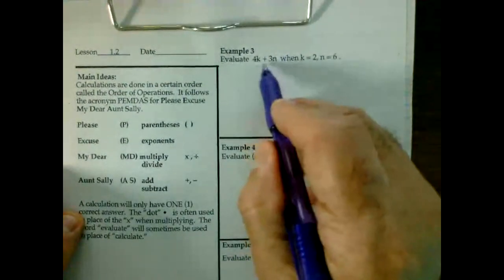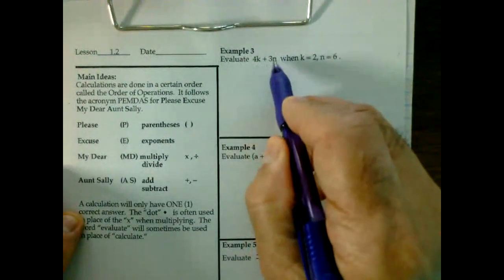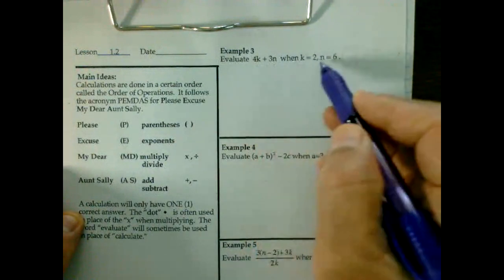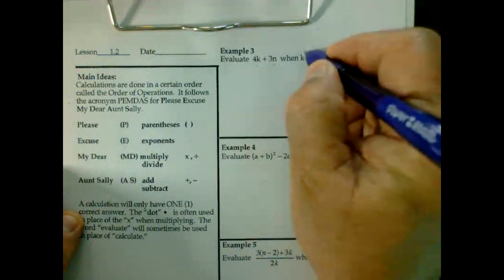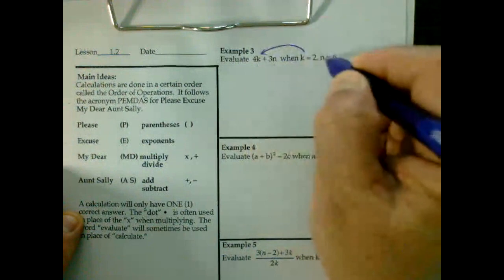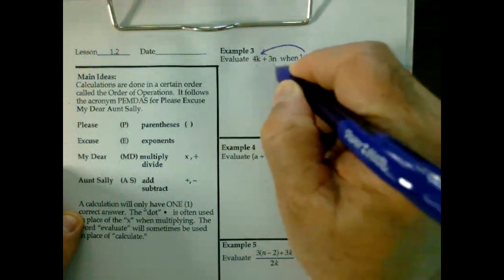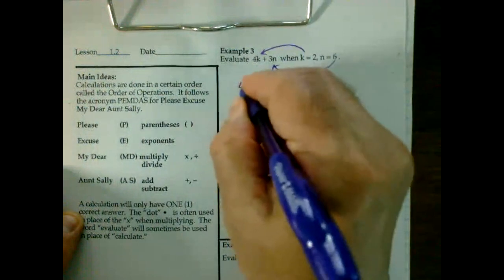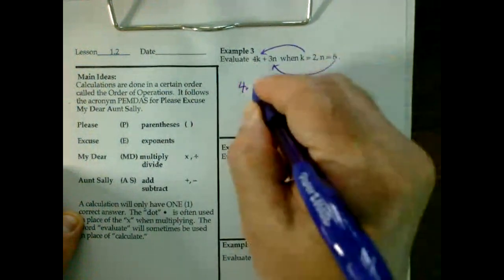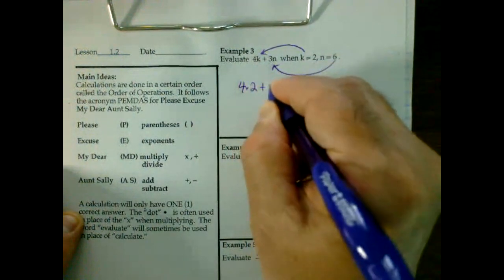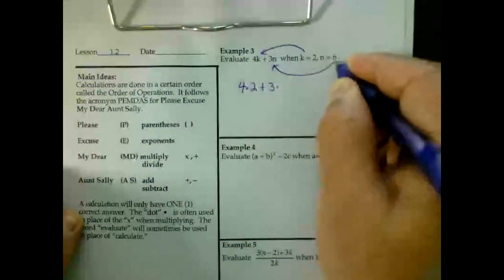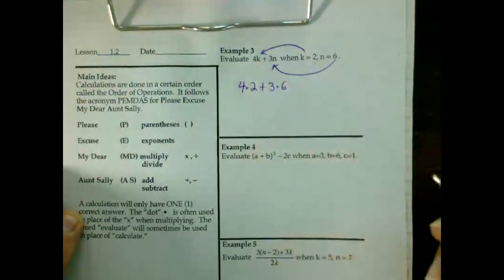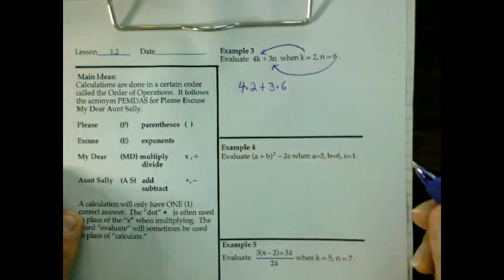Here we have two letters, K and the letter N. We are going to replace the K here and replace the N here. It's going to look like this. 4 times 2 plus 3 times 6. The dot means to multiply.